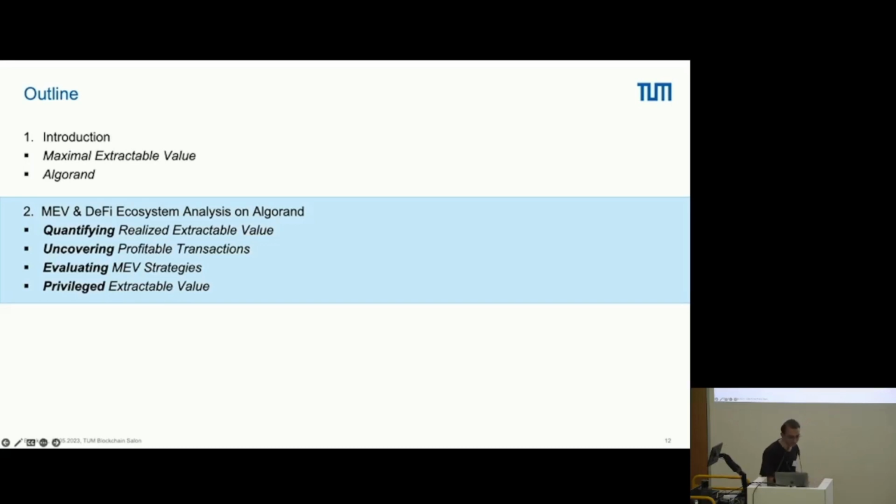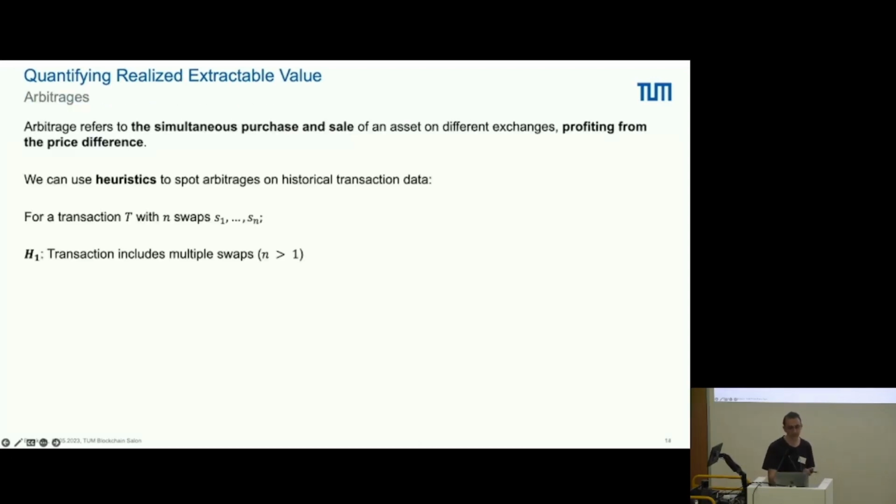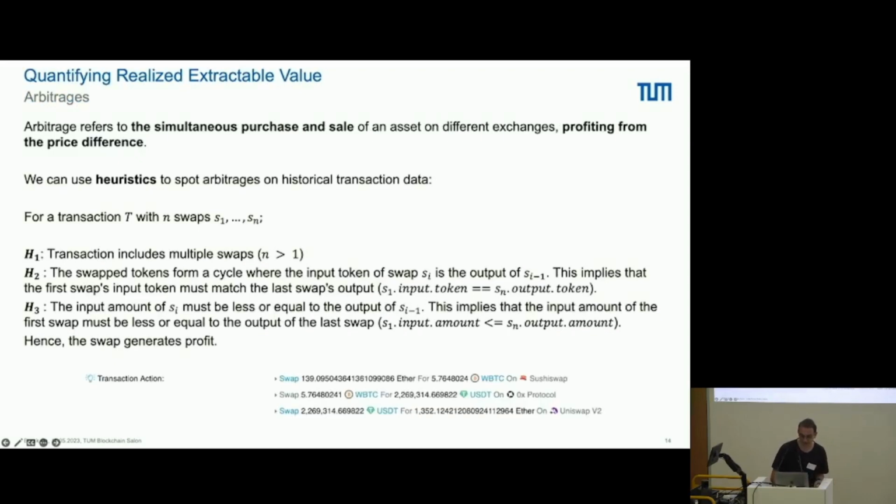Okay, so the first thing is, we started with, let's attempt to quantify this value, and quantifying it then gives you a picture of how much MEV activity is going on. The simplest way to approach quantification is, for example, for arbitrage, defining some heuristics.